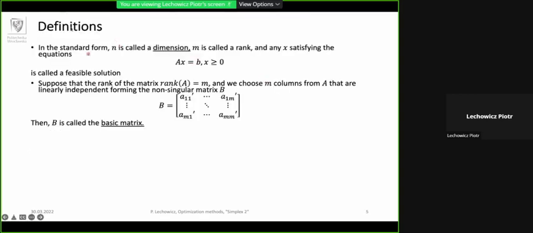So in a standard form, the number of variables is called the dimension. M is the number of equality constraints, called the rank, and any x that satisfies those equality equations is called a feasible solution.